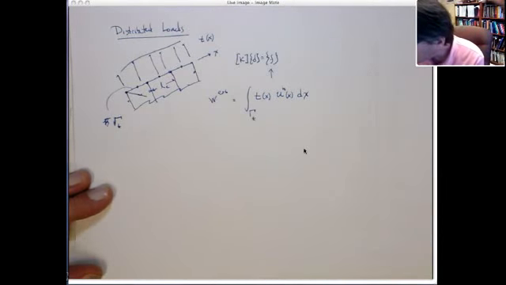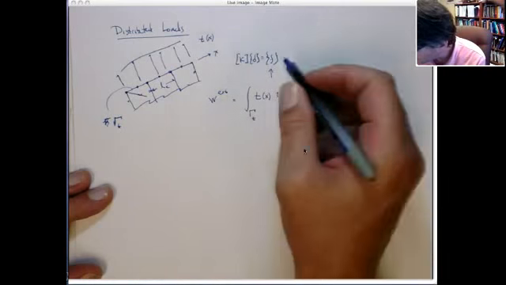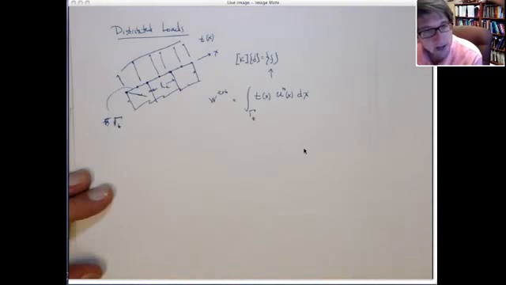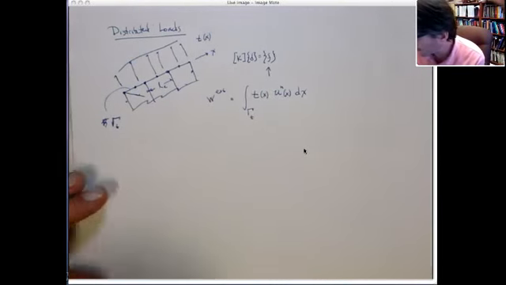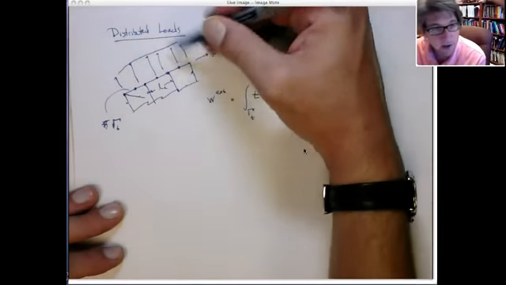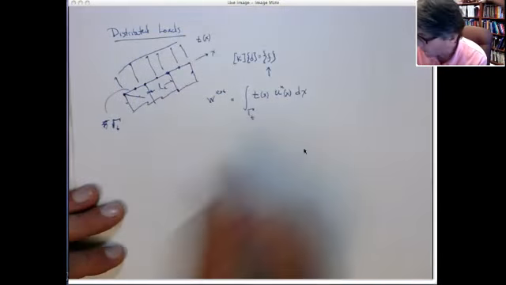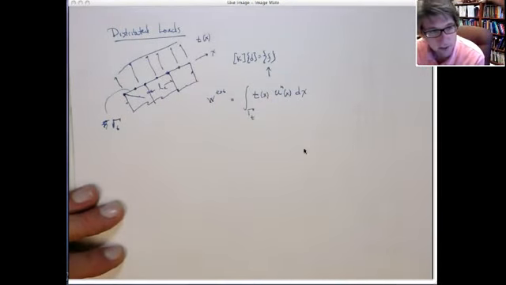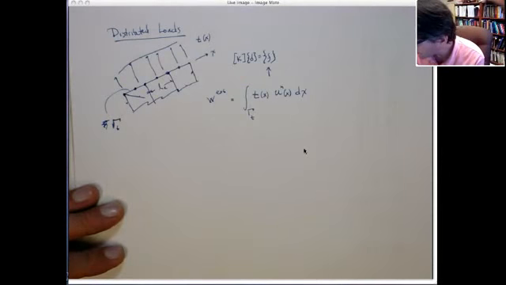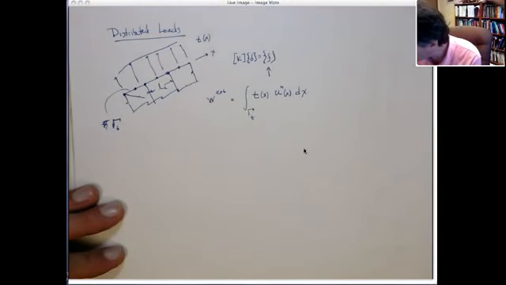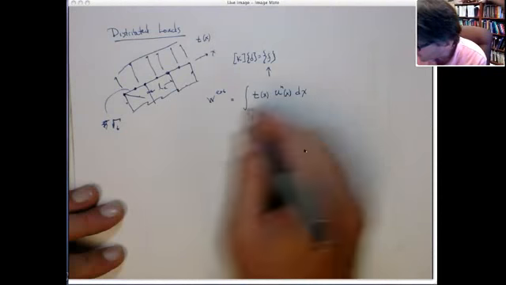Now when I write x here, let's assume x is aligned with the edge. It doesn't have to be, but I don't want to deal with transformation of coordinates. And this displacement is the one in the direction of t. So this could be the displacement in the y direction, and this would be the traction in the y direction, or in the x direction. We can also think of it just as the displacement in the normal direction or the traction in the normal direction. Okay. So this is the total work done.